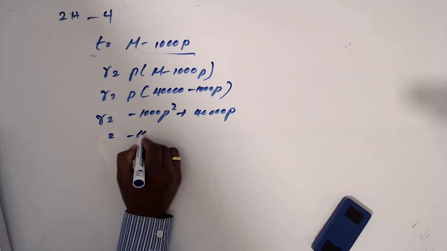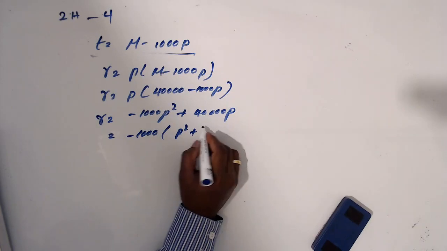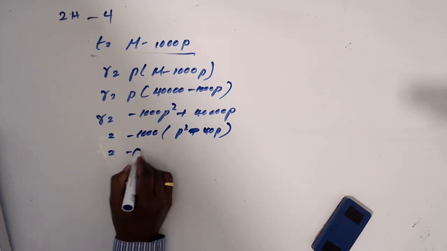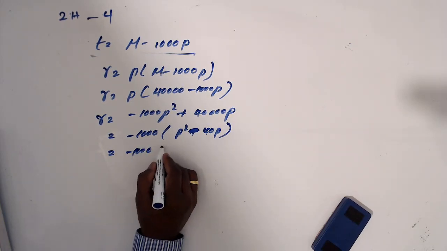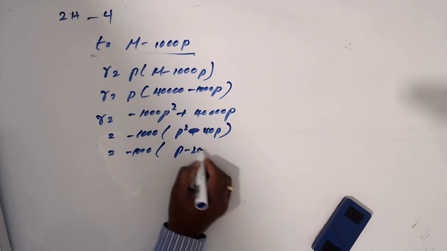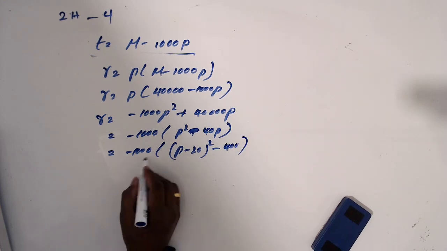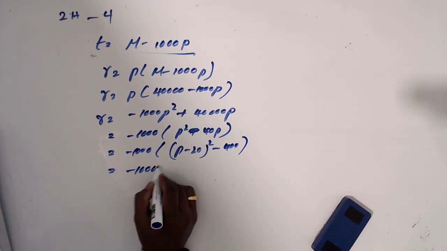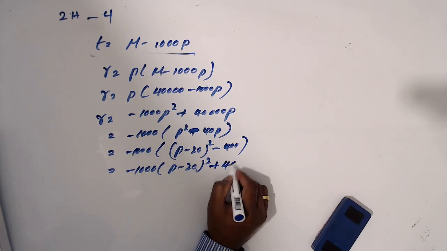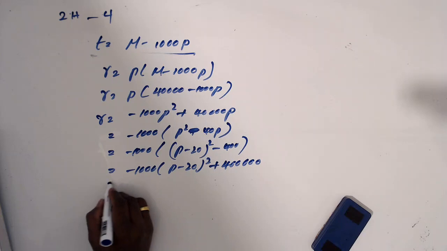So I'll take minus 1000 out: P squared minus 40P. So minus 1000 times (P minus 20) squared minus 400, then minus 1000 (P minus 20) squared plus another 400,000.